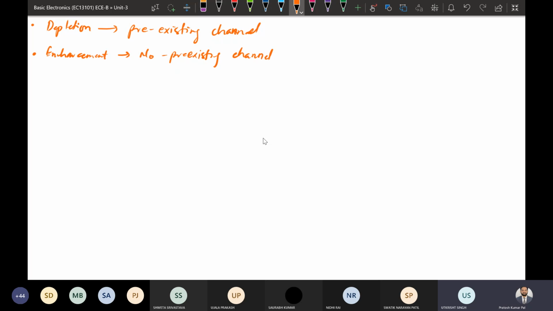Now we will see how the MOSFET is somewhat different from the JFET and BJT.